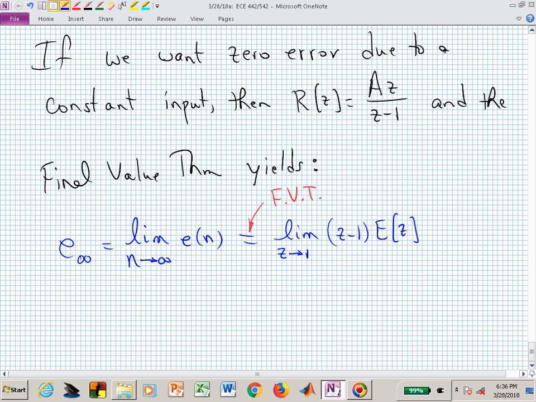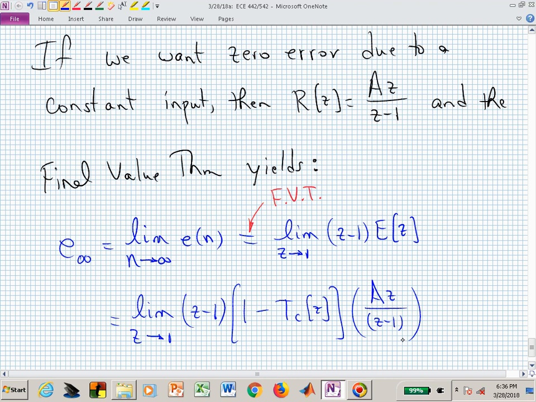Let's now plug in the structure that we know exists for capital E of z. This is now equal to the limit as z goes to 1 of z minus 1 and E of z, well, that was 1 minus T sub c of z times R of z, which was az over z minus 1.